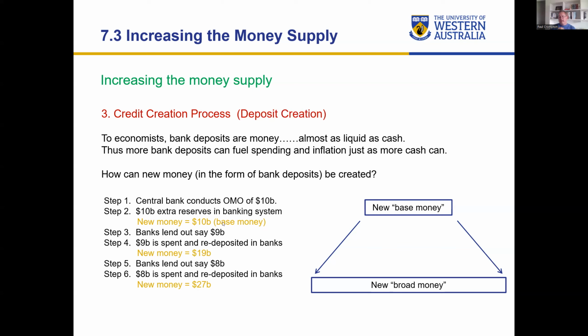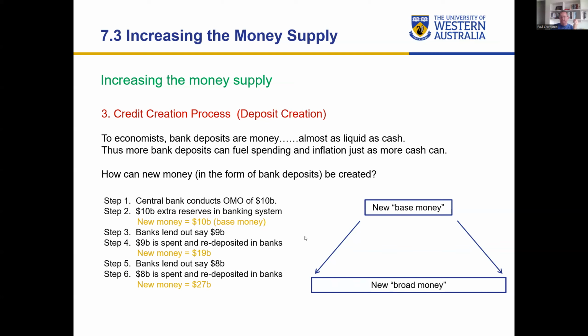But then once the banking system lends this money out over and over again, it's the banking system which is then creating new bank account deposits and lending those deposits out over and over again. And so those are the bank account deposits which are part of this credit creation process. They are a type of broad money.